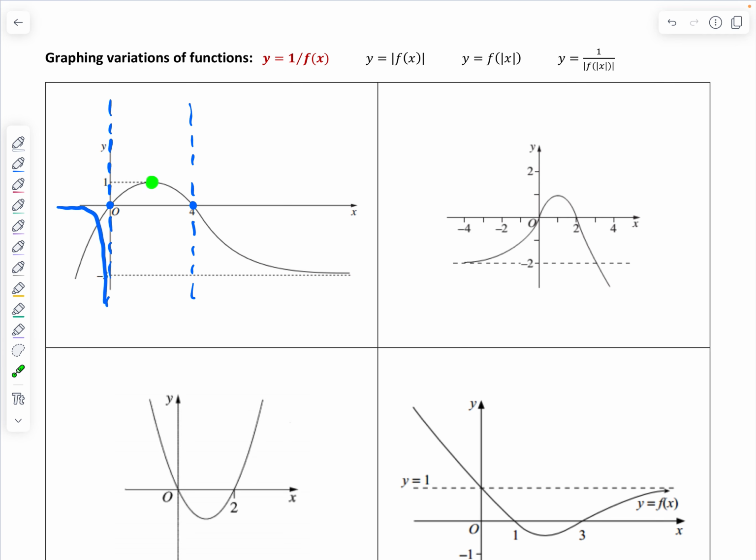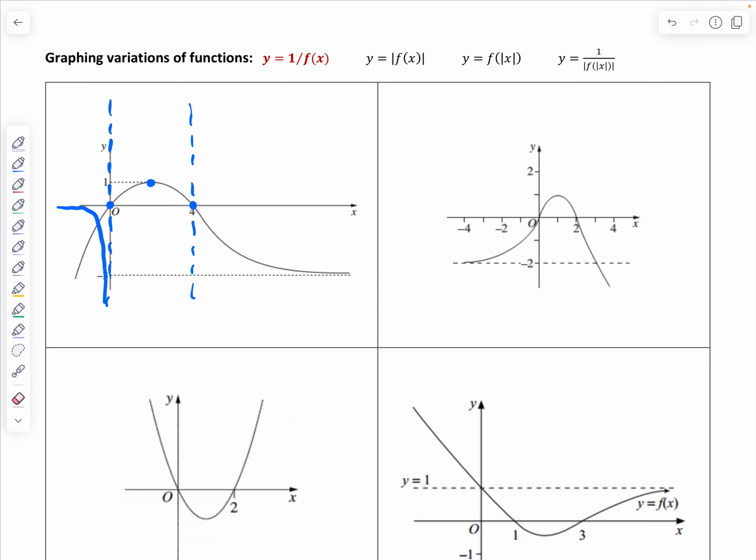1 is a special value, so the reciprocal of 1 is 1. So that means that that is a point on our reciprocal graph. And as I said before, the reciprocal of positive is positive, so we're only operating in this area here.